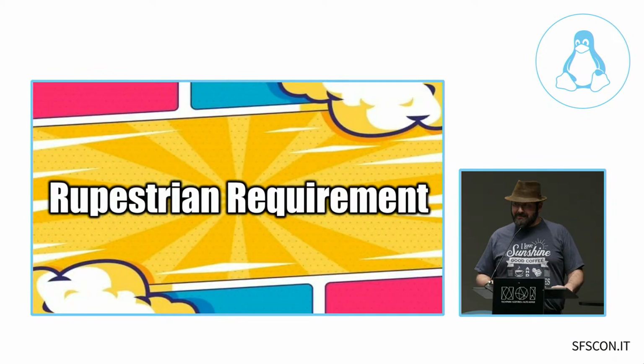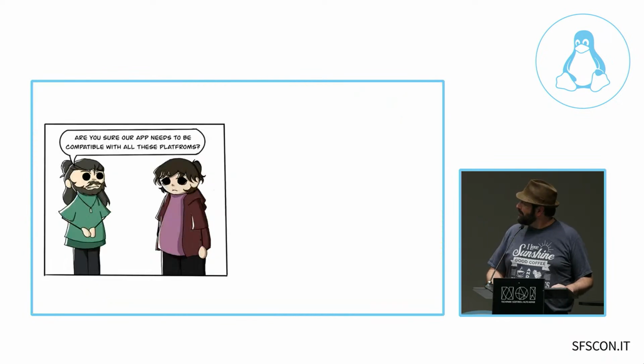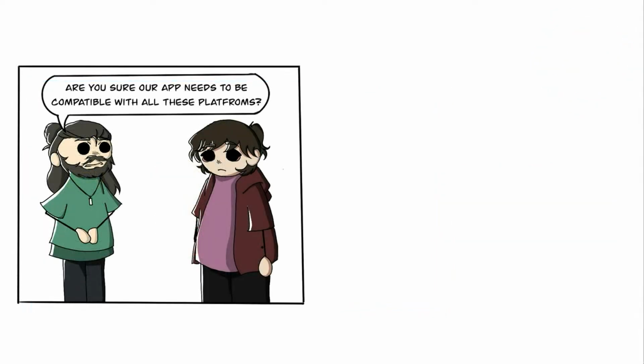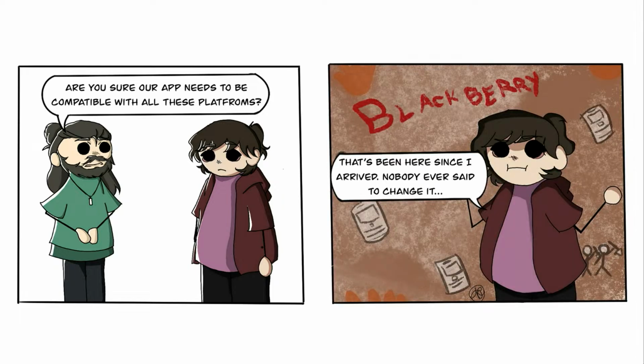Okay, so the last one, the pedestrian requirement. What is that, right? Okay, sure, our app needs to be compatible with all of these platforms. And then the other one asks, it was here when I came here, like some caveman left this requirement for us, and then we just trust it, right?